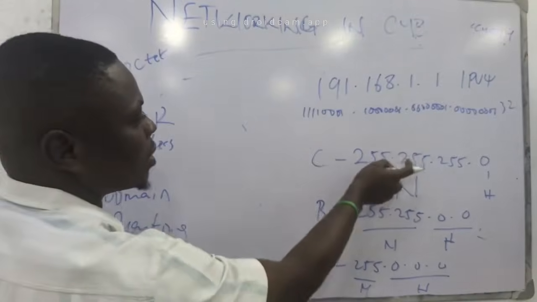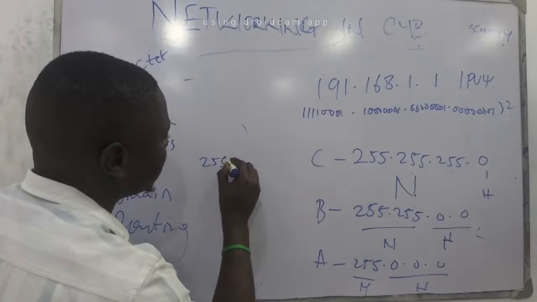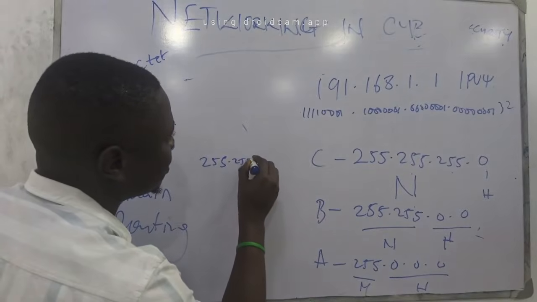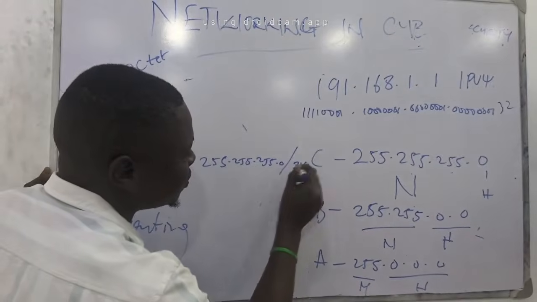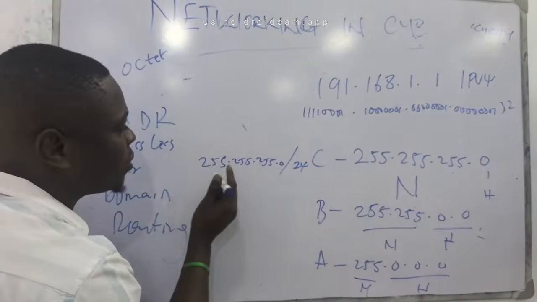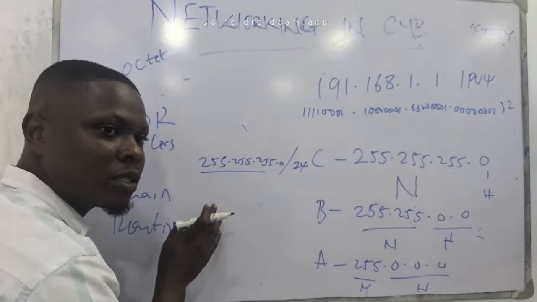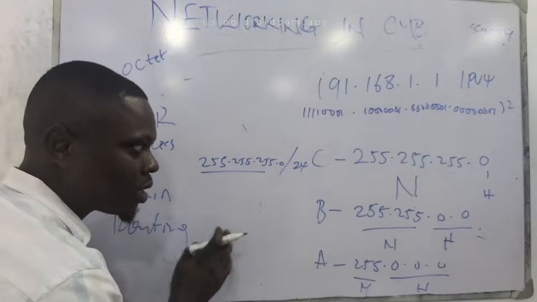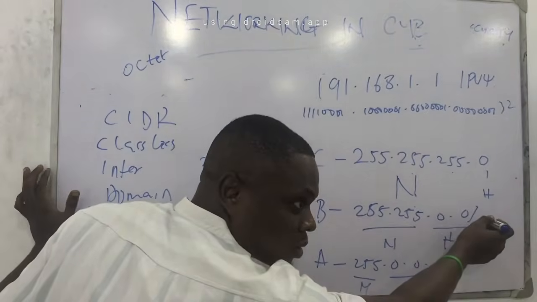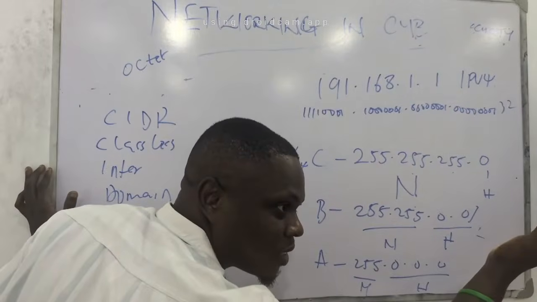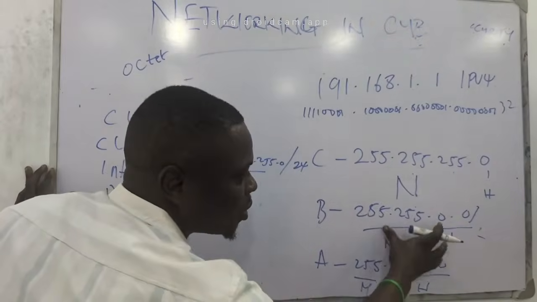It tells me that this class C, which is 255.255.255.0/24. If you see an IP address like this, it tells you that okay, this network portion has 24 bits. Is it clear? This now will be how many? Help me. If this is 24, this will be how many?